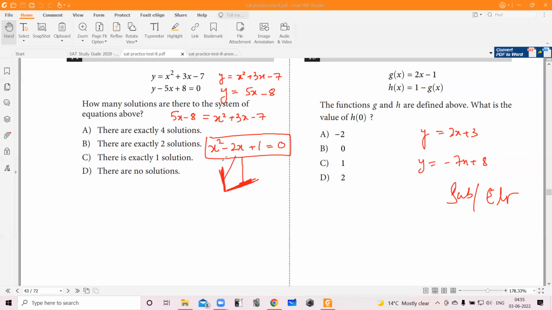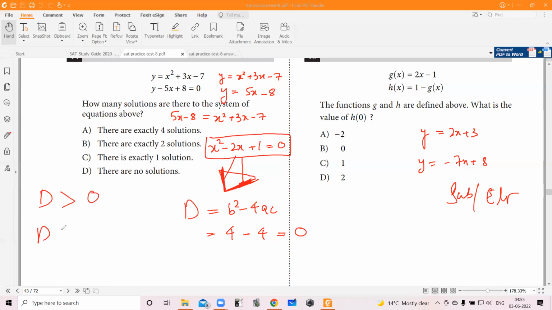No, b squared minus 4ac, the discriminant. So it's 4 minus 4 times 1 times 1, so it's equal to 0, which means one solution.